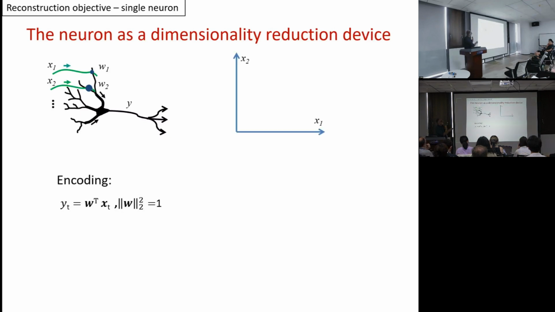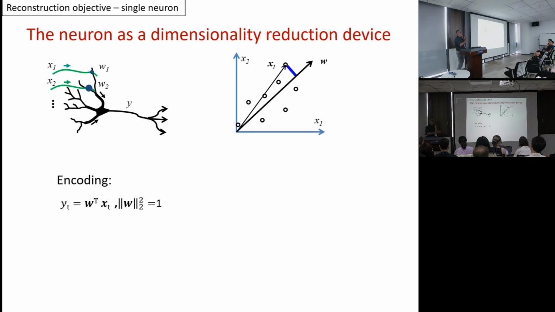We know this from experiment, and we can also show this geometrically. We cannot plot 10,000-dimensional space, but at least for 2 inputs, we can plot the data on the slide. This is, say, 1 data point at time t1, and then there are other data points that came in at different times, and there is some vector w on which the data gets projected. And that's what the synapses are doing.